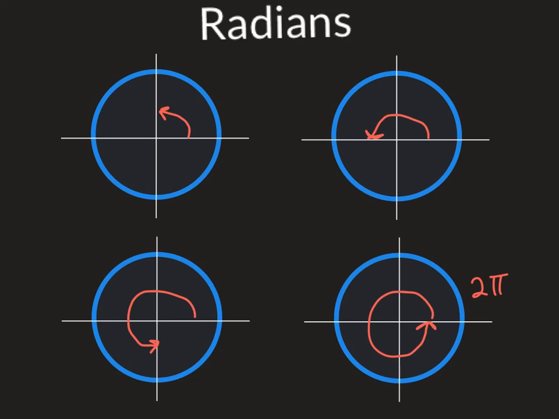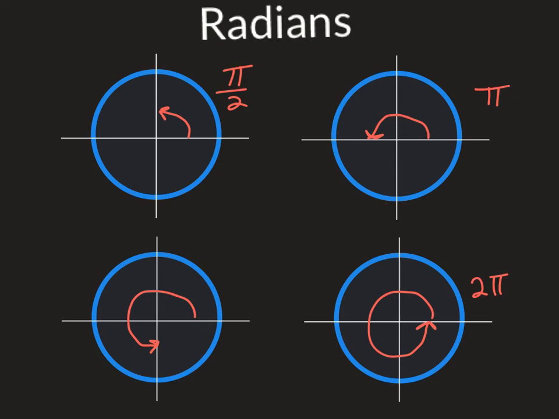So half of 2 pi is just 1 pi, so halfway around the circle is pi radians. Now, a quarter of the way around is half of halfway around. Halfway around was pi, so a quarter of the way around is half of that, 1/2 times pi, or pi over 2.